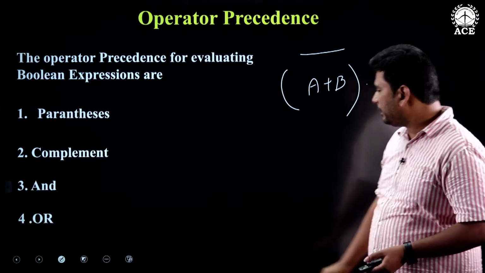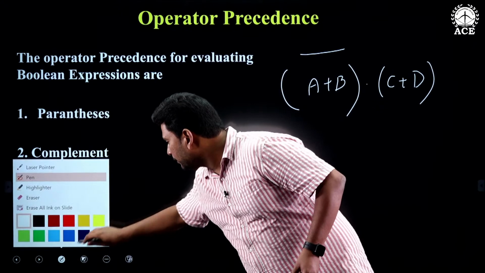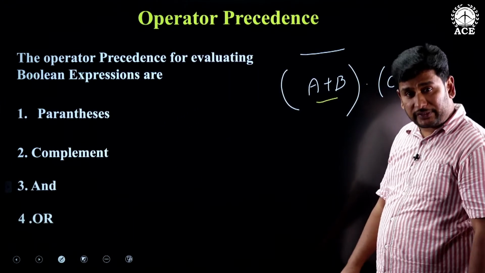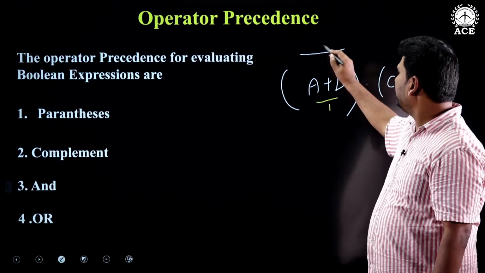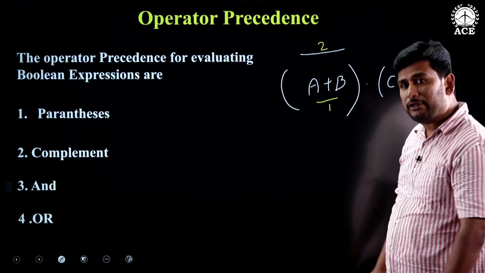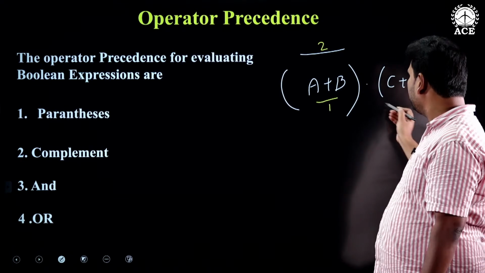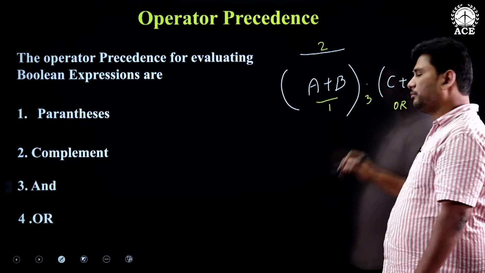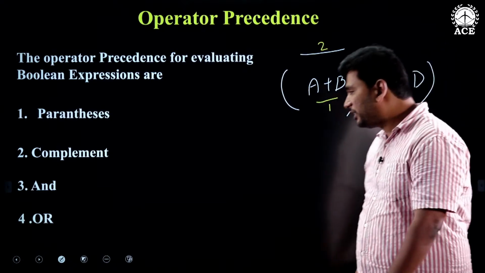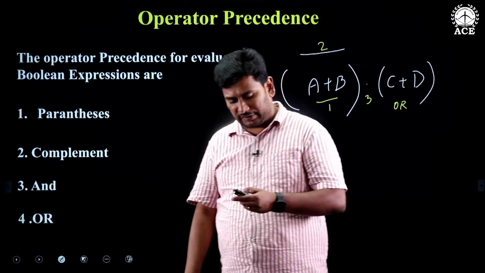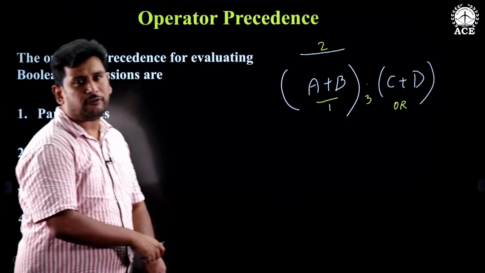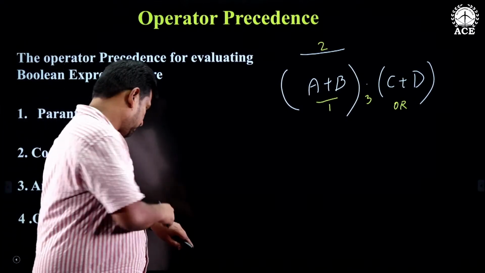First, calculate what you have in the parenthesis, number 1, then your complement, then number 3 is your AND, and finally your OR. Sounds clear? So this is called operator precedence, which you have to follow when you are implementing simplification of Boolean functions.